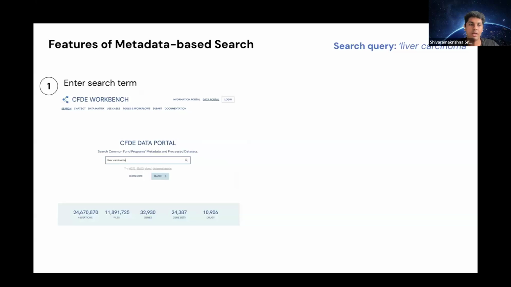So I'd like to speak a little bit more about the features of our metadata-based search. This shall be shown as a live demo shortly on data.cfde.cloud. So this is what the main search page looks like.